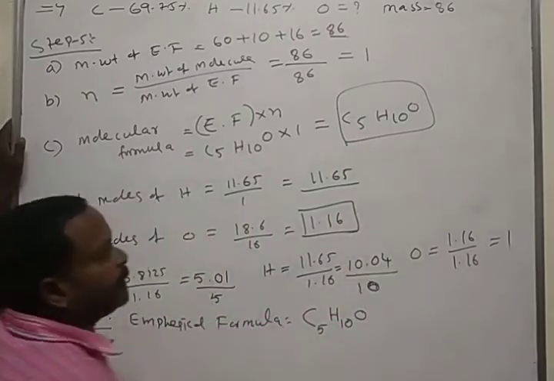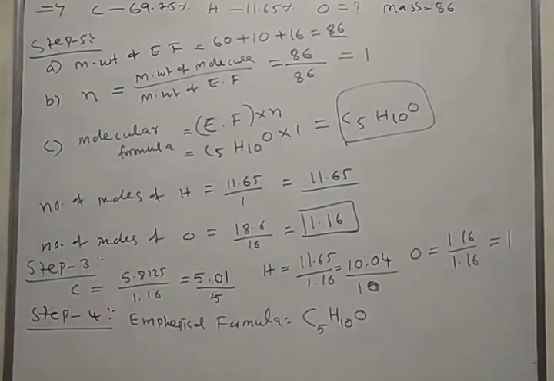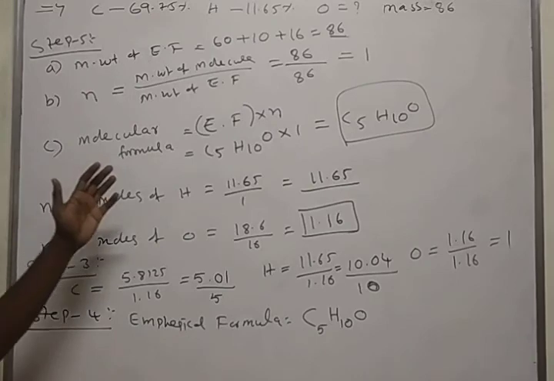Molecular formula and empirical formula are both the same. By this we calculate the empirical formula and molecular formula. I repeated this topic now also. Already I gave some problems. Do all those problems.